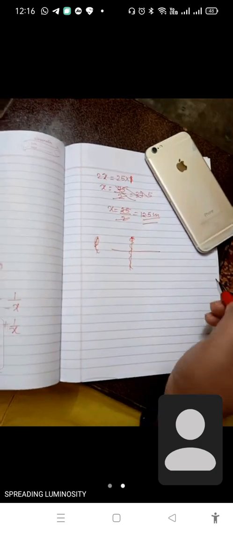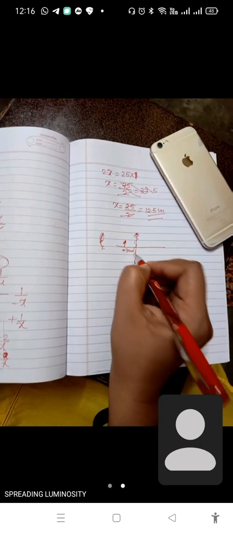Simply by drawing, you do not know the lens. Suppose this is the lens, you are not knowing which type of lens it is. Object is placed at 15 centimeter, and the image is formed at 60 centimeter. So which type of lens will it be?